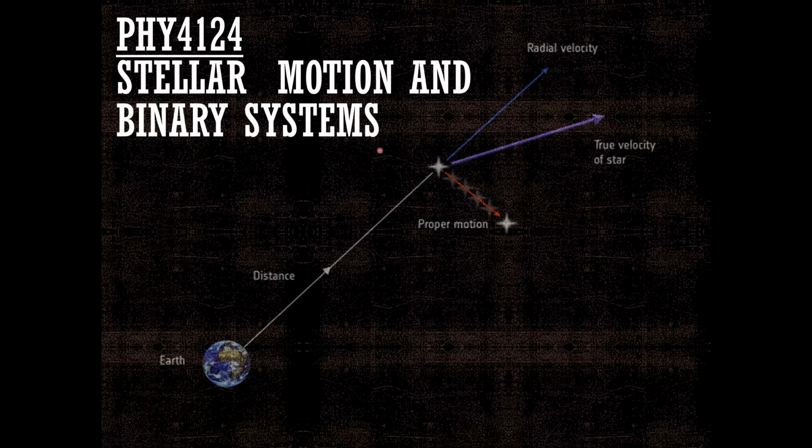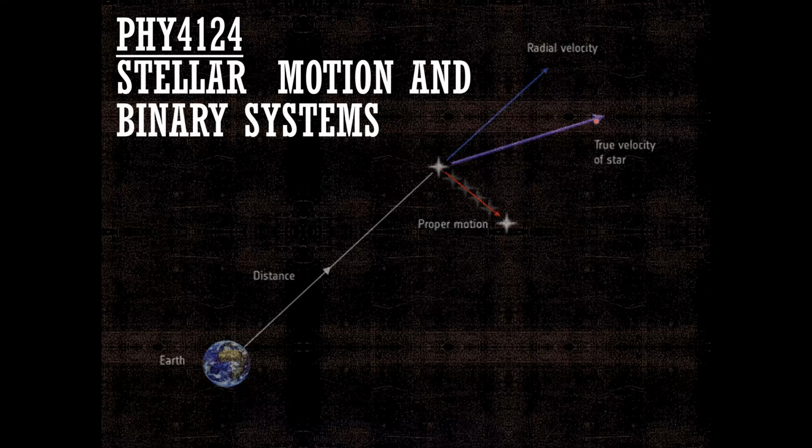Right. So in this image right here, you can see that we have Earth, we are right here, and there is a star that moves on the sky, right? Now, if you look at the motion of a star, there are a few different ways that you can define it, right? Now when a star moves, the star is moving in a direction like this.